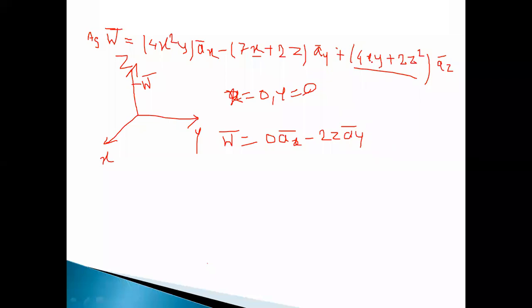Then again, x and y are 0 and the z term remains, therefore plus 2z square into unit vector a bar z. So this is your W bar when it is located on the z-axis, when the x and y terms are 0.